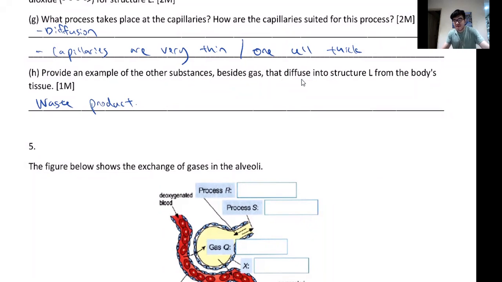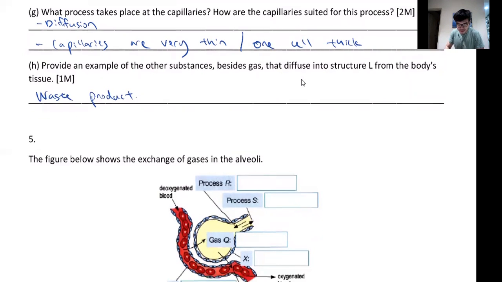Kidney and liver will filter your blood and get rid of all the waste product in your blood. So if you eat a lot of crappy stuff, a lot of processed stuff containing a lot of bad chemicals, your liver and your kidney will suffer the most, because they are your filter.